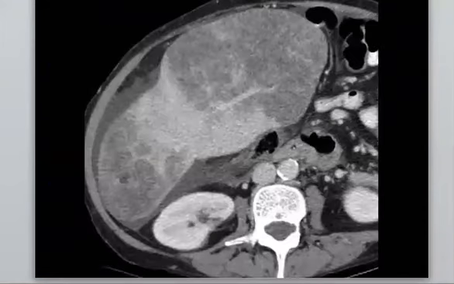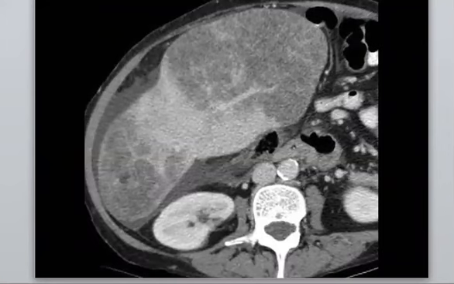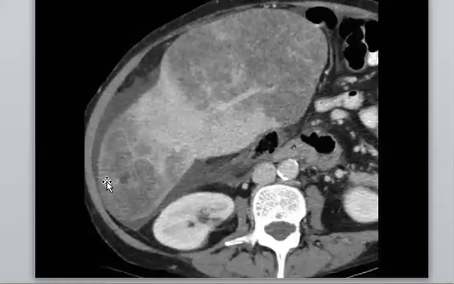So let's shift to another case. Let's have a differential. You have fluid collection, which is very important to mention, an enlarged liver, and different densities in the liver.